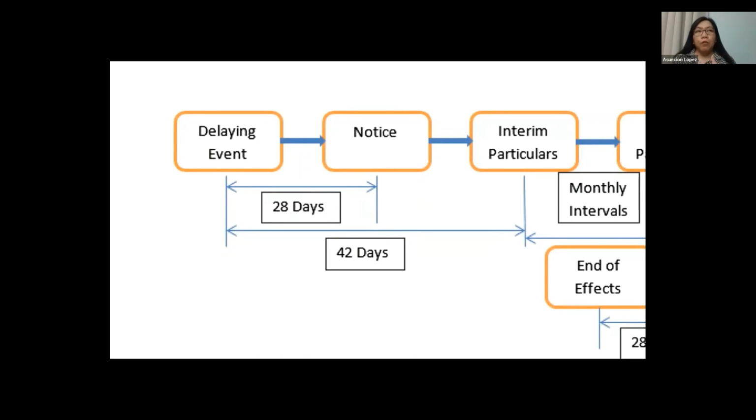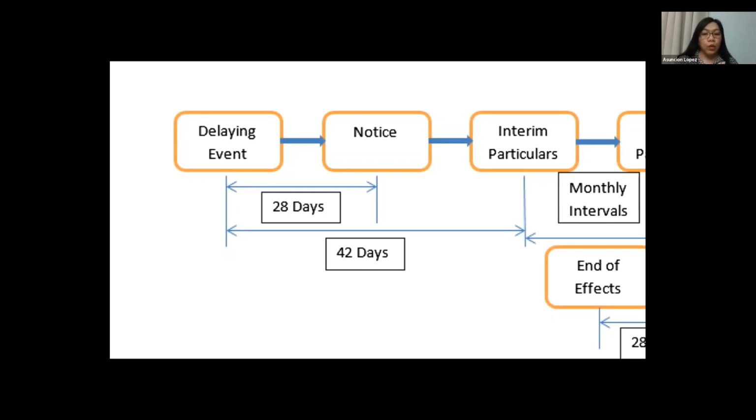Take note that if the contractor fails to serve this notice of claim, or at least the contractual or legal basis, and the submission of a fully detailed claim within the allotted time stated in the contract, then the claim will be invalid.